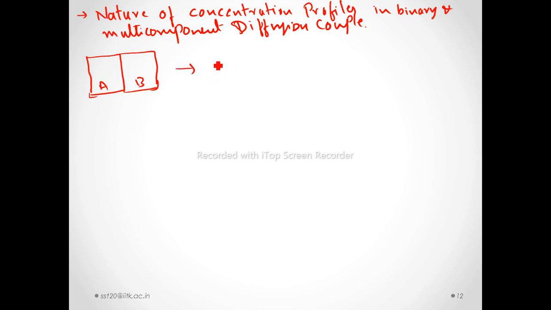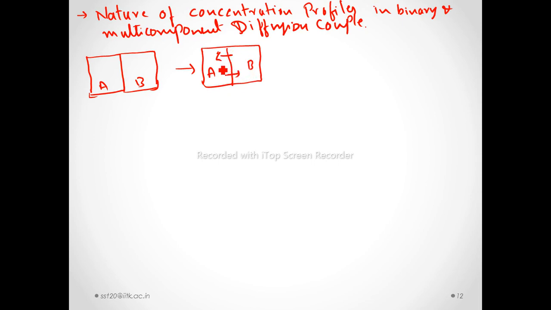After this, we will heat it and allow for diffusion annealing for some duration of time, so that they join with each other by diffusion of atoms.